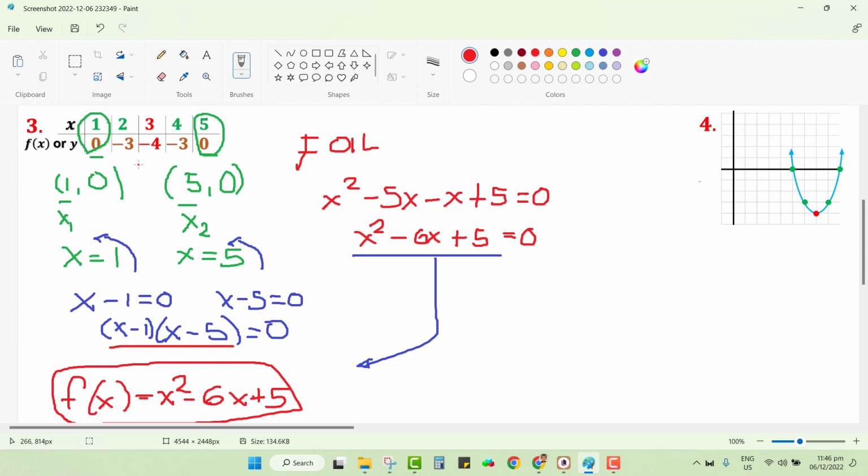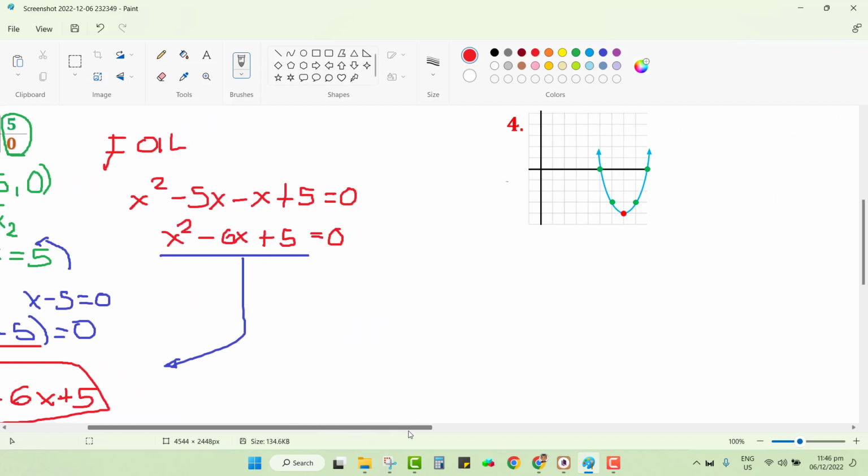So if in your graph, or rather in your table of values, your intercepts are given, you may use them to get the representative of the value of your function. Or if your intercepts are not given, then you need to use the vertex. Before we go to that, let's have number 4 first.